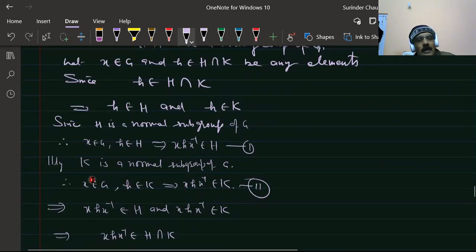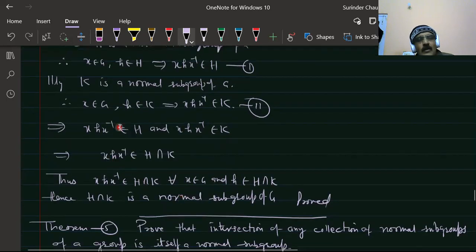Now, similarly, K is also a normal subgroup of G. So x belongs to G, h belongs to K, and x h x inverse belongs to K. This implies x h x inverse belongs to H and x h x inverse belongs to K. It implies it is common in both.